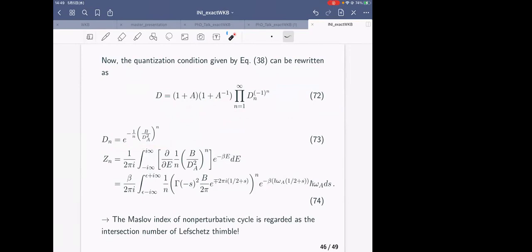Therefore, the Maslov index of a non-perturbative cycle is exactly the same as the intersection number of the Stokes graph. So we can calculate the intersection number directly from the Exact-WKB method like this. And this result is almost the same in the case of triple-well or higher genus systems.